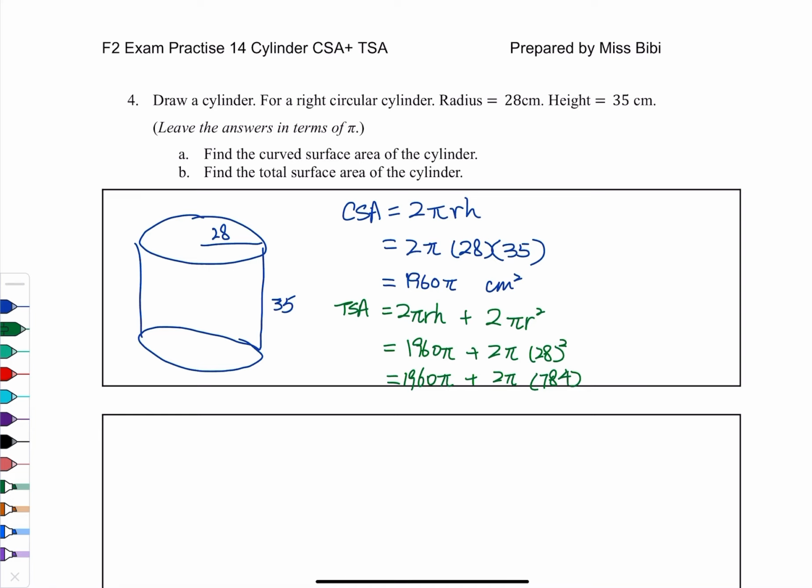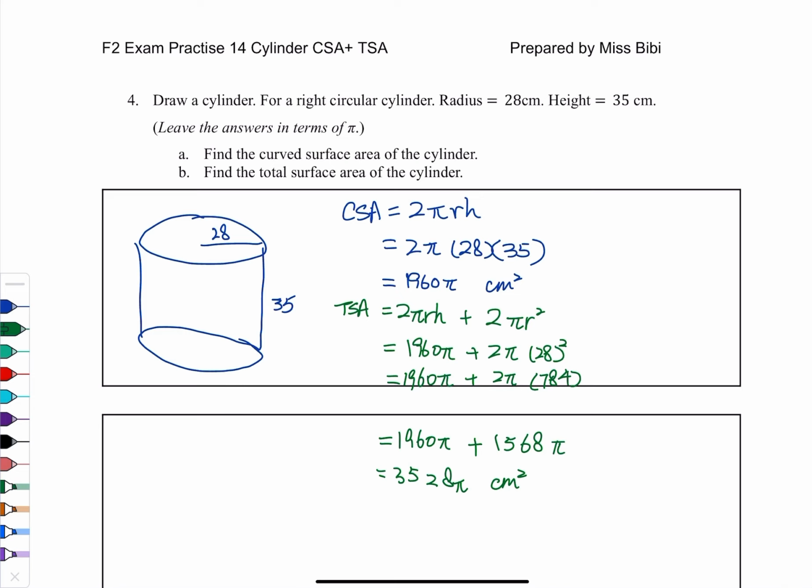And then times 2 that. So 1960 pi plus 1568 pi, and then plus the 1960, you can get that as 3528 pi, and it's cm square.